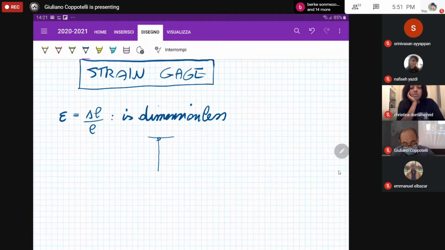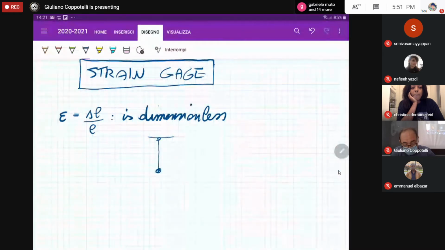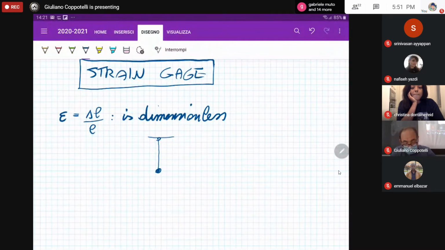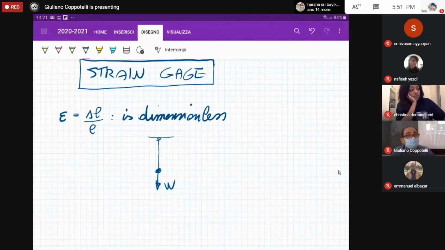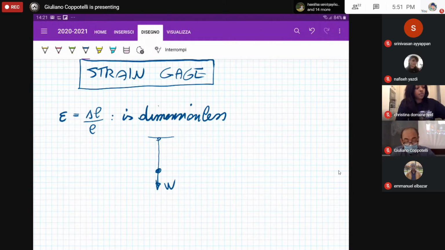There is a rod, for example. Then we are hanging a weight. Like this. This is the weight. So let's assume, for brevity, that we have this structure that is made of a solid tube, for example.